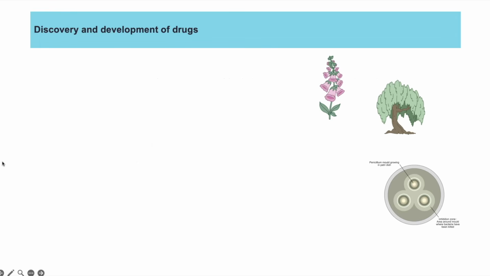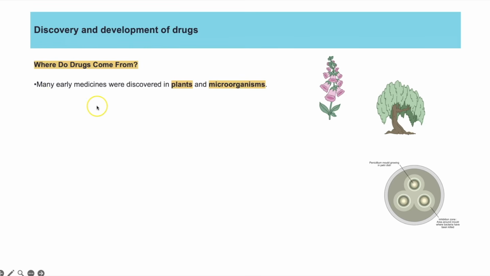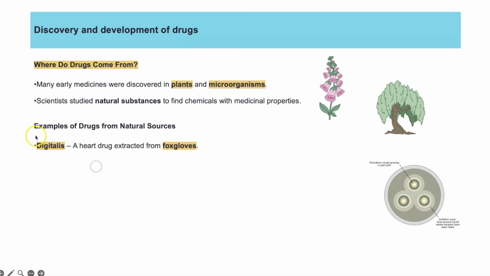So let's have a look at how some of these drugs were discovered, and then we'll go on to development. So for our drug discovery, most of our early medicines were coming from plants and microorganisms. And that is a particular chemical that you might find in a plant or a microbe. And there's 3 examples that you need to know.